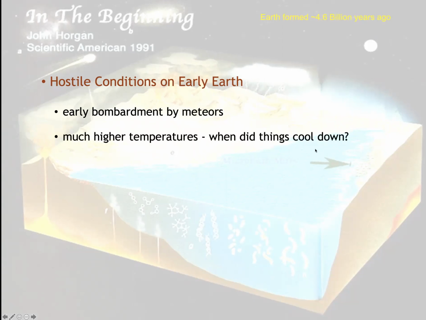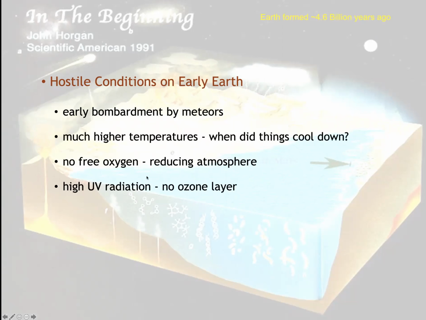So we talked about temperatures, and things really didn't cool down probably for hundreds of millions of years. We talked about oxygen, we talked about UV. The gases in the air would have been very different as well. So there was more CO2, and probably higher levels of methane. Now, I hope you're aware that we have lots of N2 gas, like 79% of the atmosphere right now is nitrogen gas.